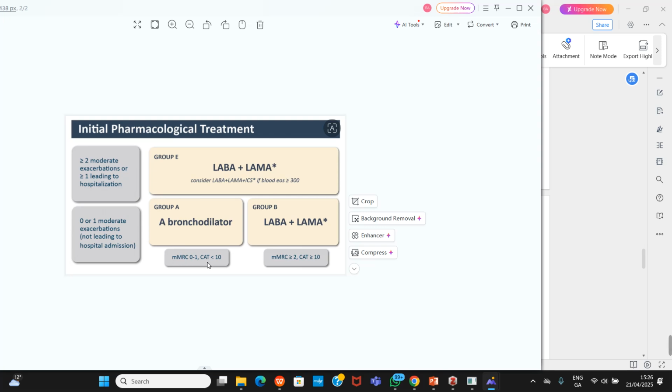If they want us to do this, they are going to give us that CAT score. We cannot calculate it. If the CAT score is equal or greater than 10, the person falls under group B. If it's less than 10, the person falls under group A.